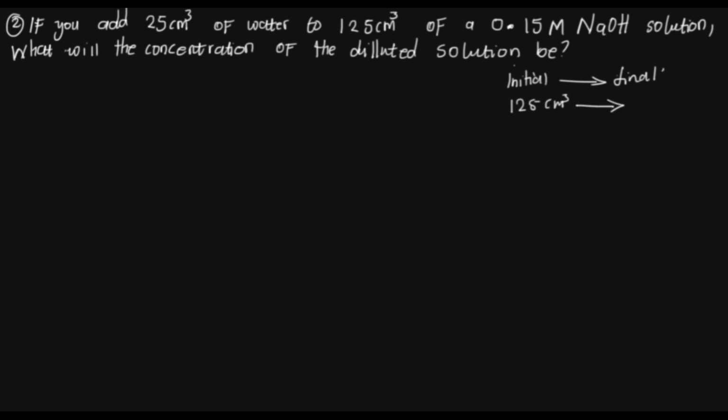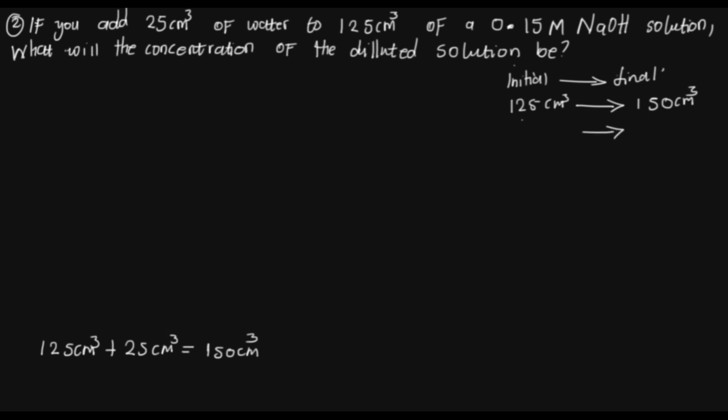Then after we added, the volume now became 150, because where is the 150 coming from, we had a volume of 125 cubic centimeters plus another volume of 25 cubic centimeters now added. So we are diluting, we are adding water to this 125 cubic centimeters of solution. So the volume rose from 125 cubic centimeters to 150.